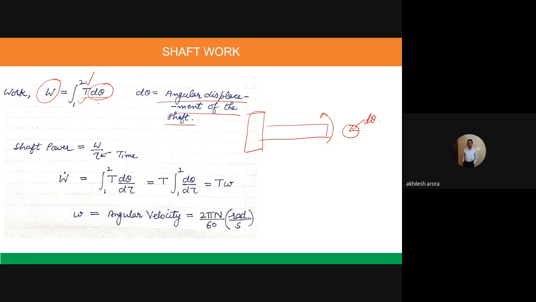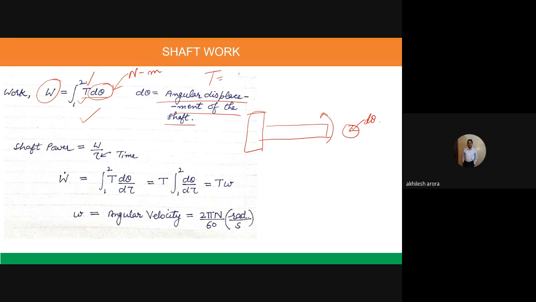So the integral from 1 to 2 of T d theta will give me the shaft work. This is the equation. When I am calculating the shaft work, the value comes out to be in Newton meter, because torque is force into displacement.